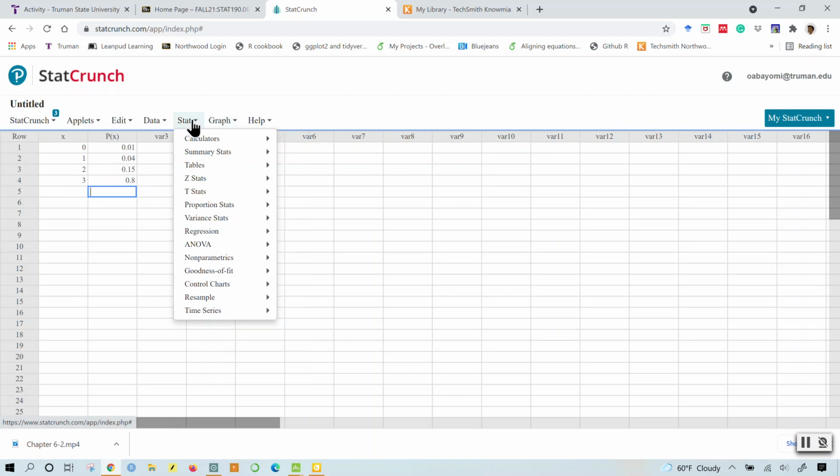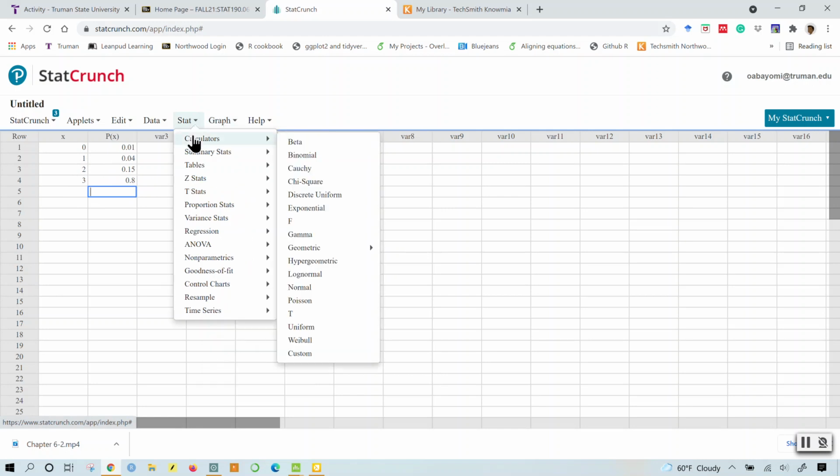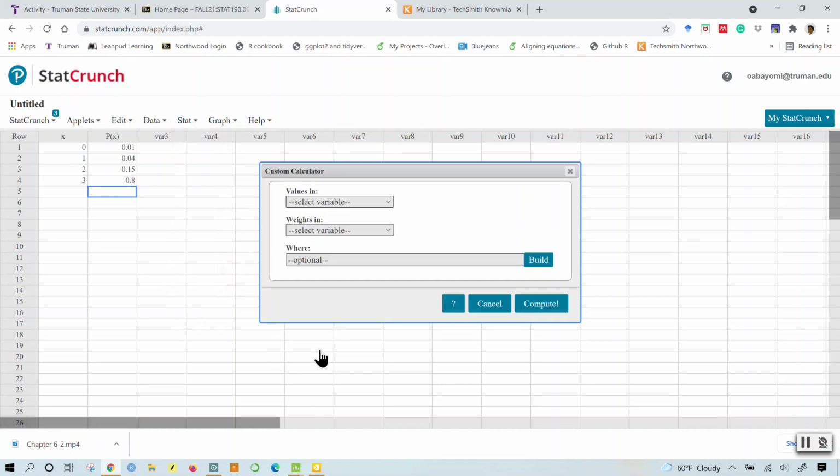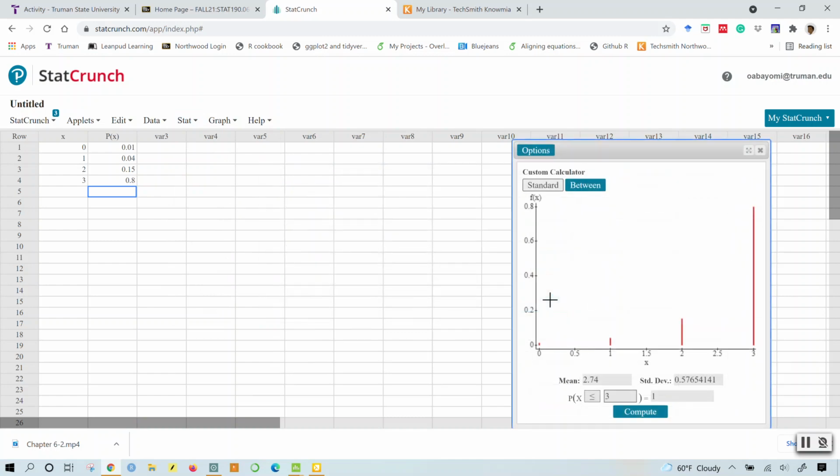Then go straight to Stats, go to Calculators, go down to Custom, click on Custom. You have stored the values, the raw values in the variable x and the weights in probability of x, and then click on Compute. And there you are. You have the graph, then you have the mean, and you have the standard deviation. If you need to compute probabilities too, you can also compute that.